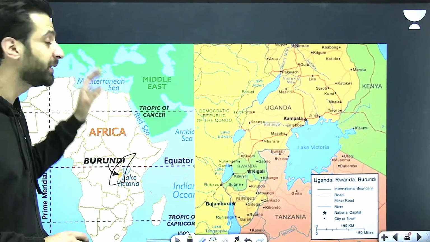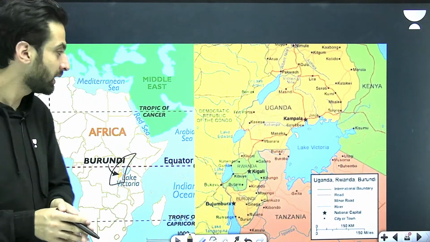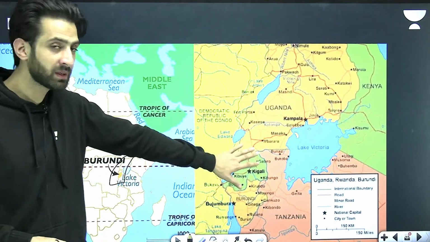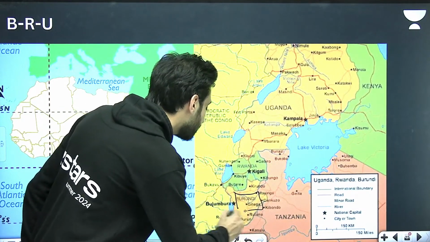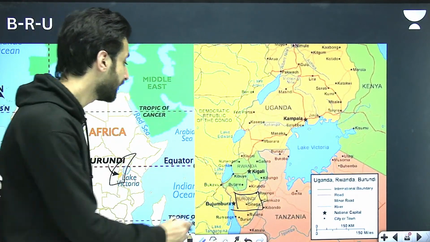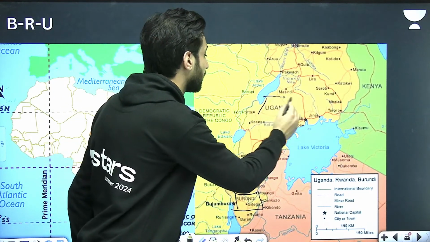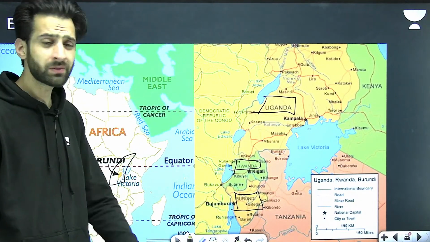Now we're going to study BRU: Burundi, Rwanda and Uganda. Have you seen the location of these countries on the map? Now this is a zoomed in portion of the map. The one in the orange color is Burundi. Then you have Rwanda. And this is Uganda. Is it visible?